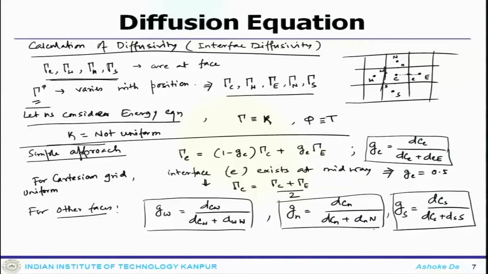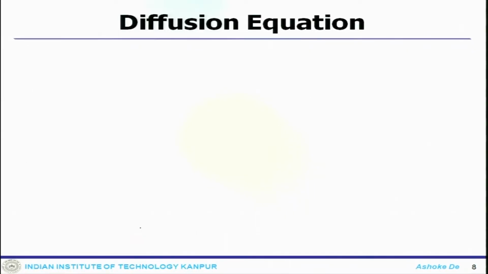So, essentially it is sufficient to calculate all these coefficients at each surface point using the information you have at the element level, and sometimes one can use volume interpolation instead of this distance interpolation. So, it essentially takes care of that.